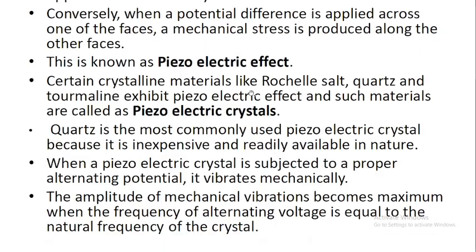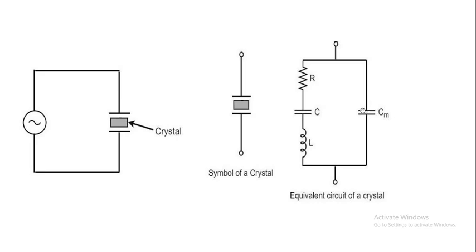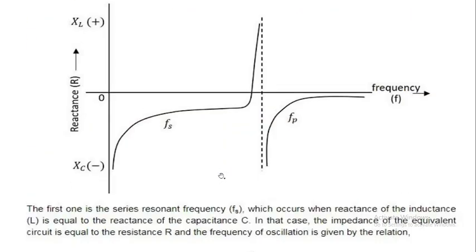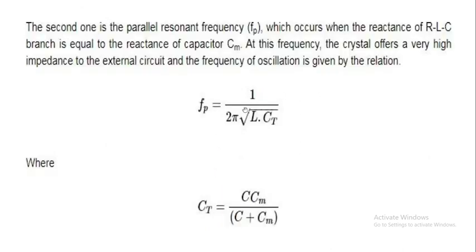The value of the mounting capacitance Cm is very high compared to the capacitor C. The expression for the parallel resonant frequency is Fp equal to 1 by 2 pi root of L into Ct, where Ct equals C in parallel with Cm, that is C into Cm by C plus Cm.